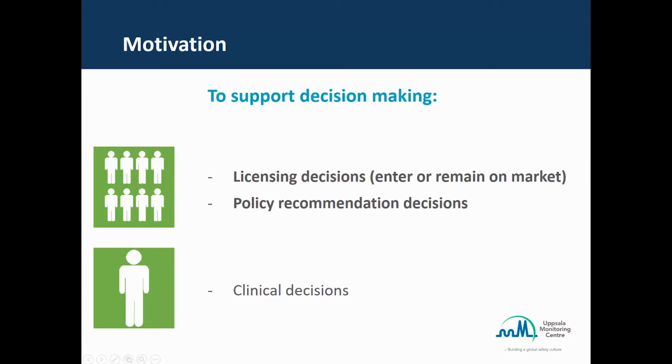All of these decisions concern the availability or the use of medicines, and both the diseases for which those medicines are used and the potential adverse effects they cause greatly affect morbidity and possibly mortality of lots of patients, as well as the quality of life of those patients. And that is why I think benefit risk assessment is so important. It's ultimately about the life of a lot of patients.